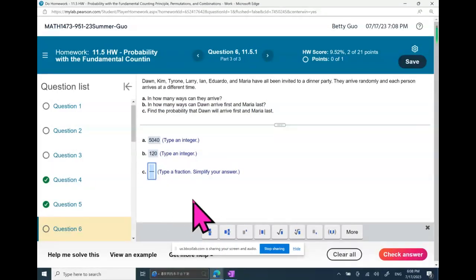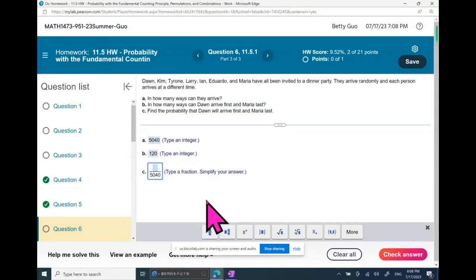Since this is a classical model, because it involves permutations and combinations, the denominator is always the total number of outcomes in the sample space. In this case, that is the answer from part A. And the numerator would be the number of outcomes that favor the event occurring.